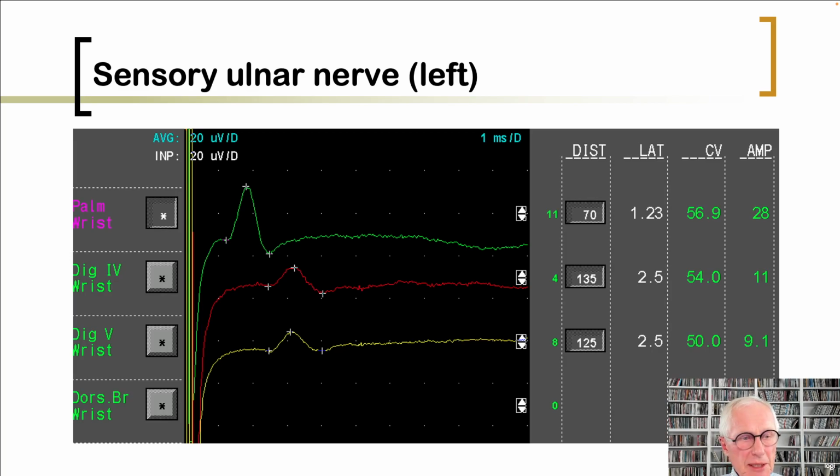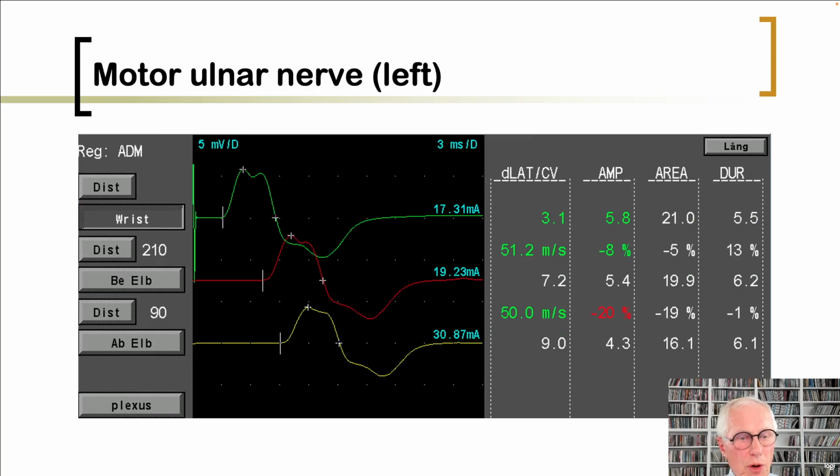Here we see the sensory neurography of the ulnar nerve. You can see that the response amplitudes from the little finger and ring finger and the palm to wrist are quite normal, and the conduction velocity is normal. Motor conduction velocity in the forearm is normal, but you see that there is a clear conduction block.